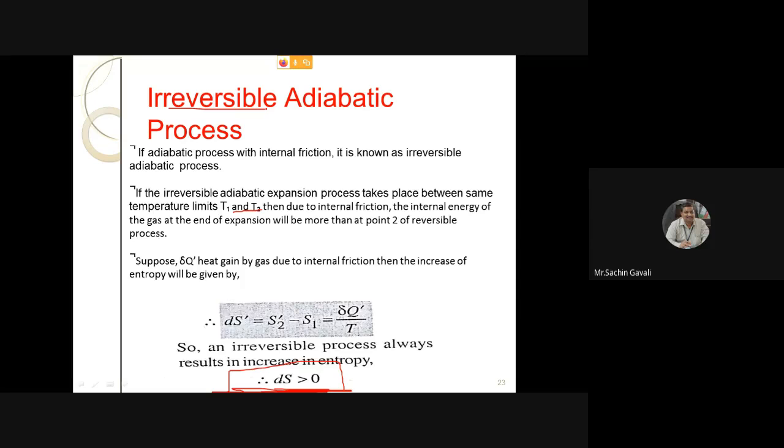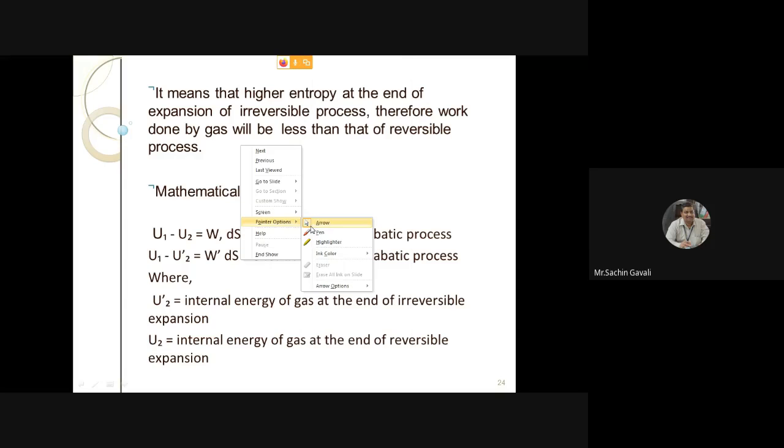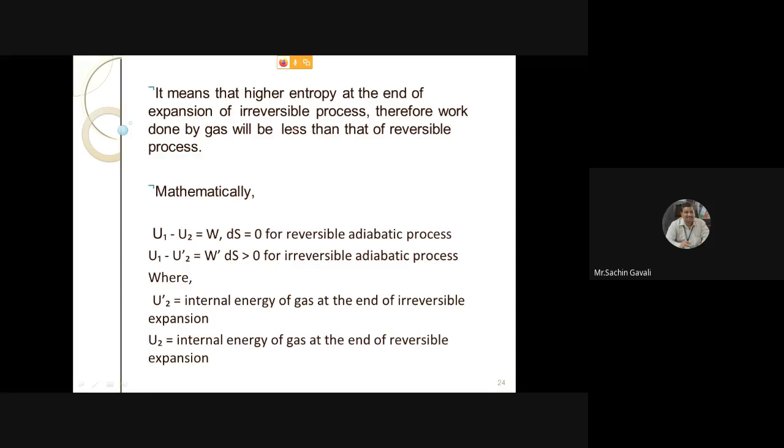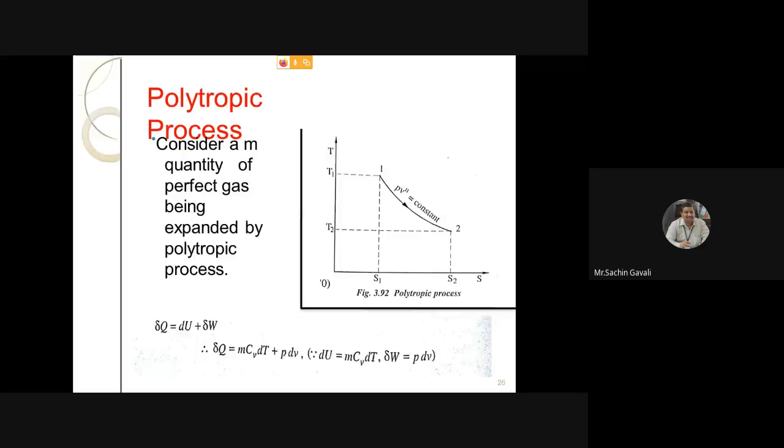Zero means adiabatic or reversible processes, and greater than 0 means irreversible processes. It means higher entropy at the end of expansion for an irreversible process. Therefore, work done by the gas will be less than that of reversible processes, and if you want to supply work, then for an irreversible process we have to supply more work. So S2 minus S1 is always greater than 0.